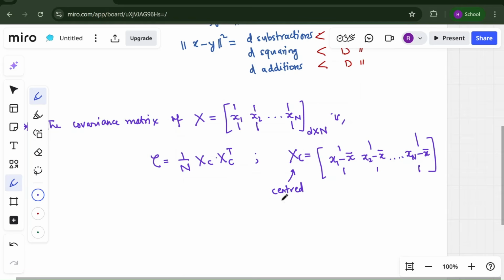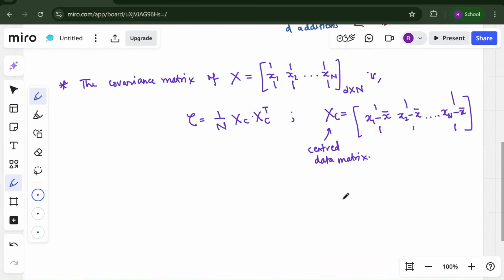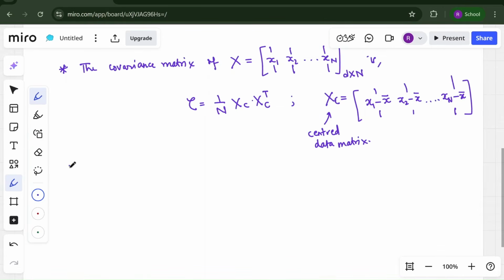This is the first thing that you have to know. Secondly, what can you say about the eigenvalues and eigenvectors? I'll write evals and evex in short of this matrix C.